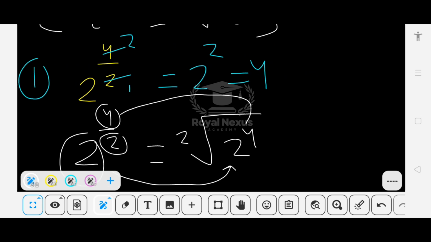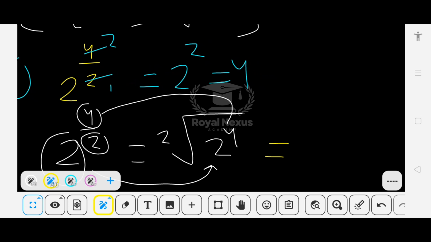See, no need to write this 2 over here, because the square root always means that there is 2 outside. But if there is 3, you need to write that 3 outside because it shows a cube root. So we can just leave it like this. Okay, so no need to write it down.